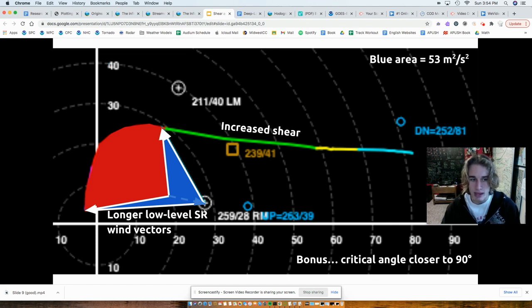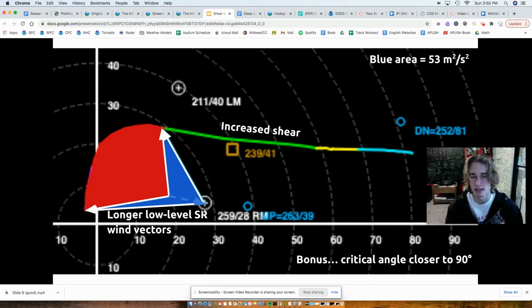So the angle between the 0 to 500 meter shear vector on the hodograph and our storm motion to surface storm relative wind vector is becoming more perpendicular.